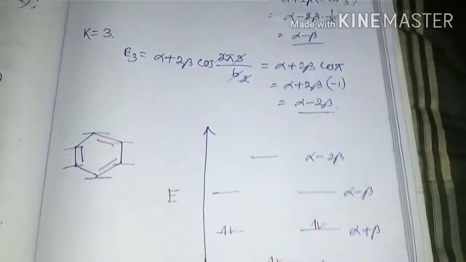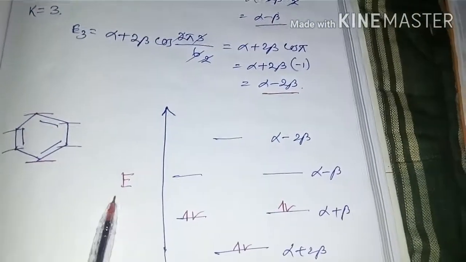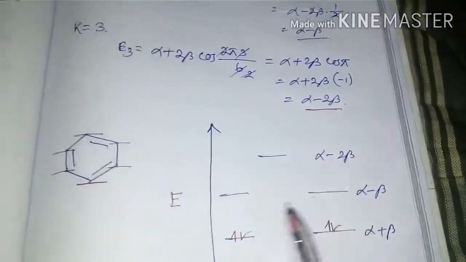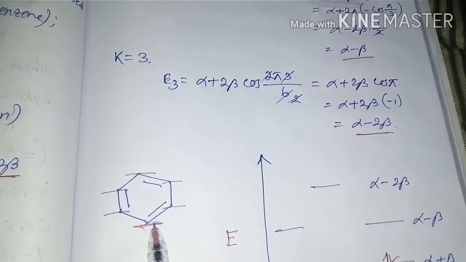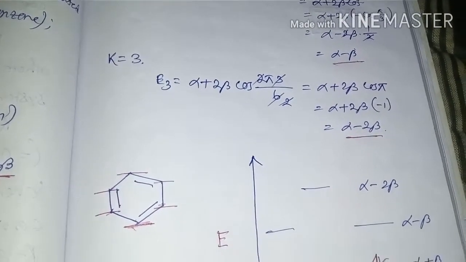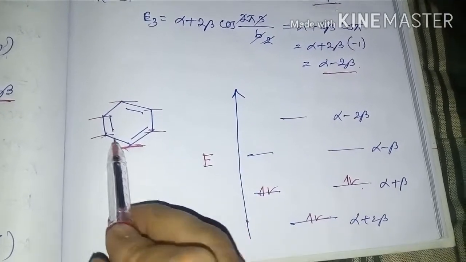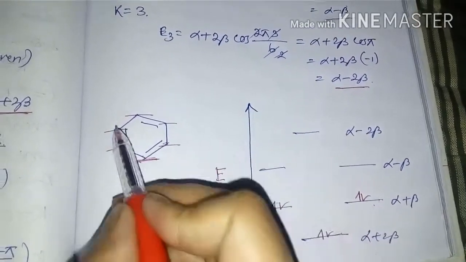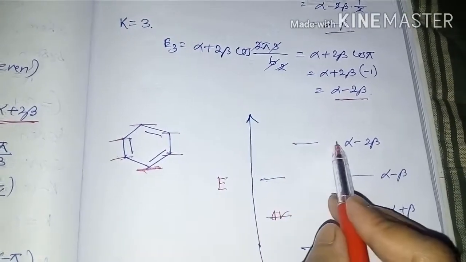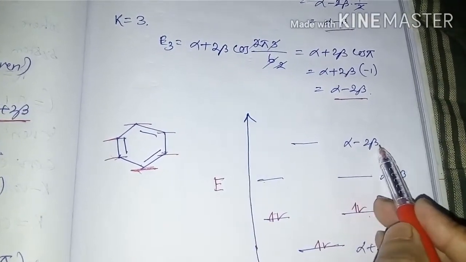Okay, now like this, E is energy, and this one you have to write like this. See, first this one, after that this one and this one, then this one, and then like this again, this one and this one, then this one: alpha minus 2 beta.